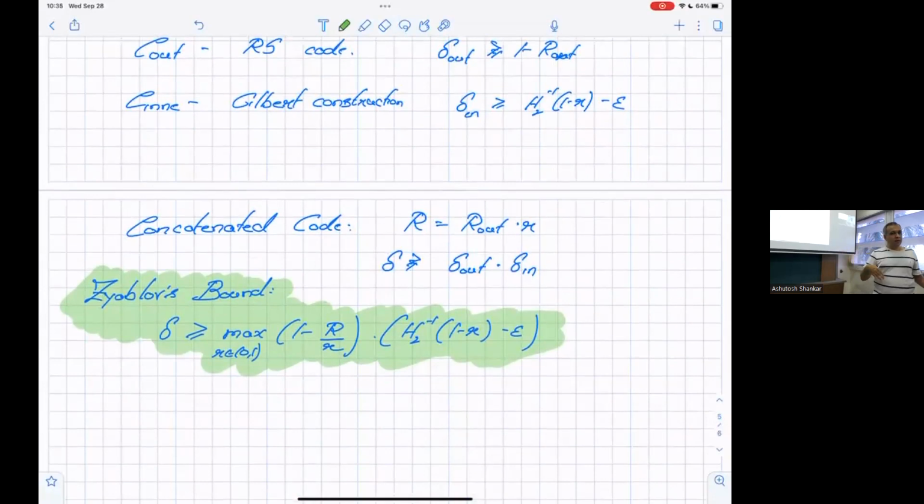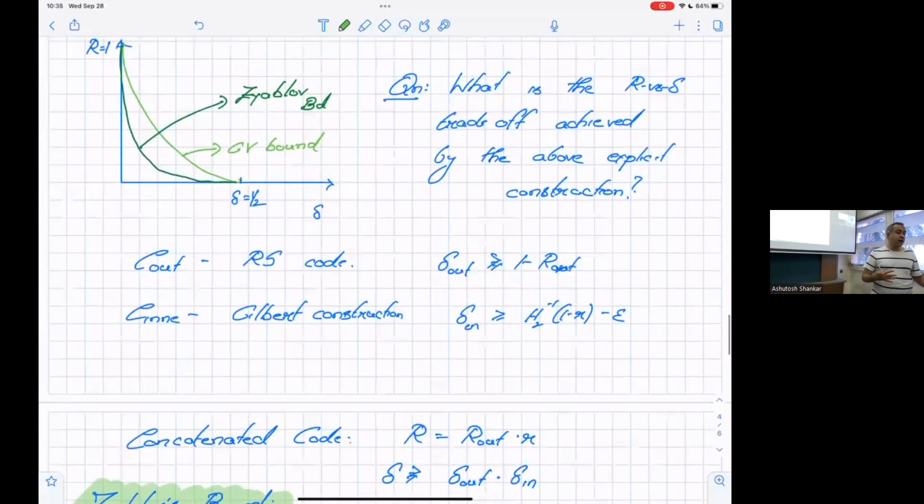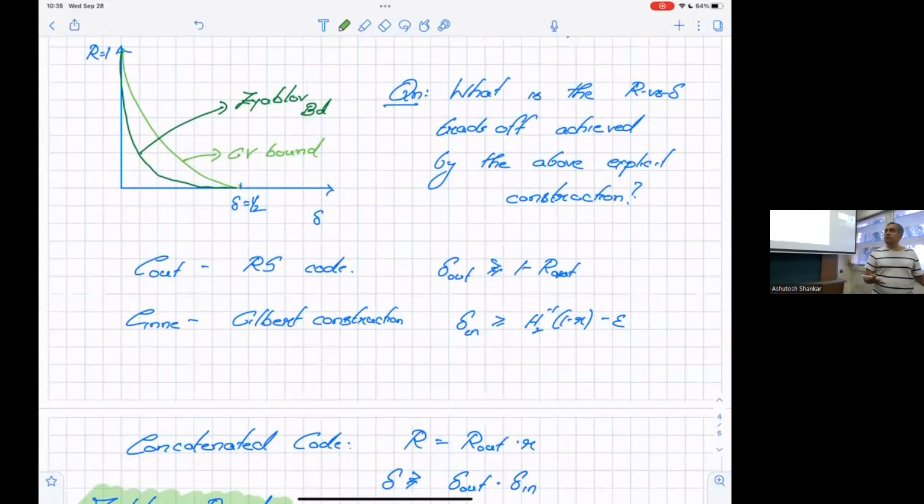The rate of the code will be considerably smaller than the GV bound. So for the entire region, the Zyablov bound is considerably below the GV bound. But of course, here you're getting explicit codes. So we still don't know things on the GV bound. Right now, at least we've gone all the way up to the Zyablov bound, and code concatenation lets you get there.